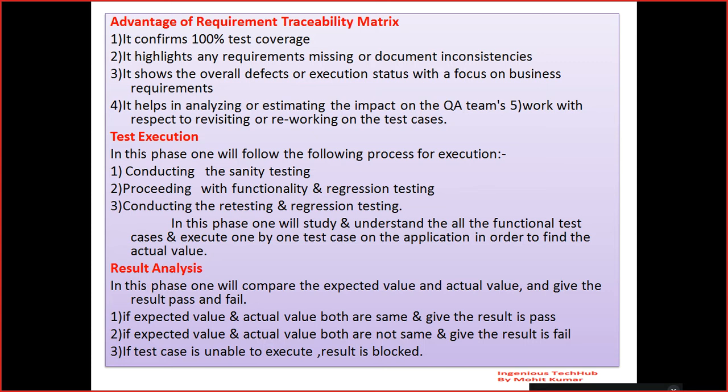Overall, it shows the defect or execution status with the focus on the business requirement. It helps in analyzing and estimating the impact on the QA team of revisiting or reworking the test cases. If you have missed something, we can rework on that and try to achieve our 100% test coverage.